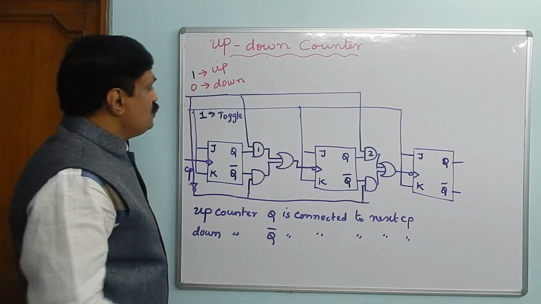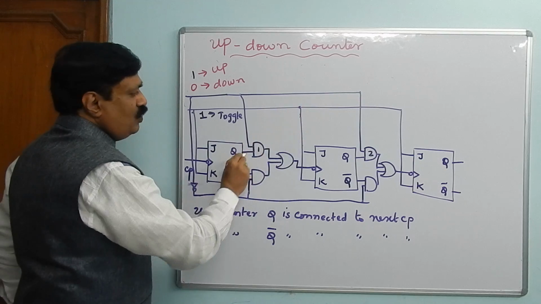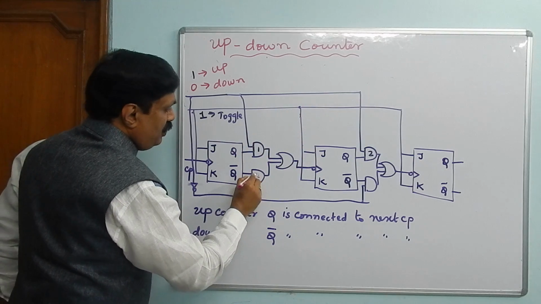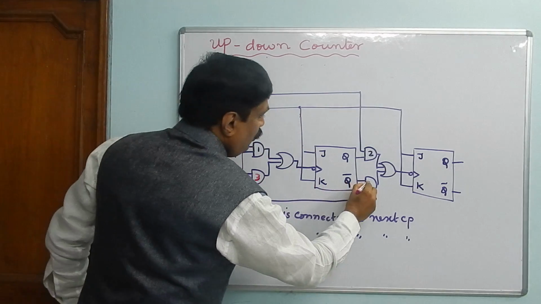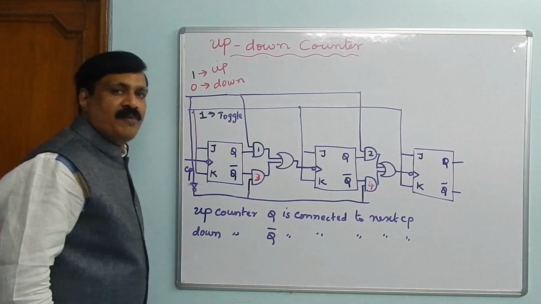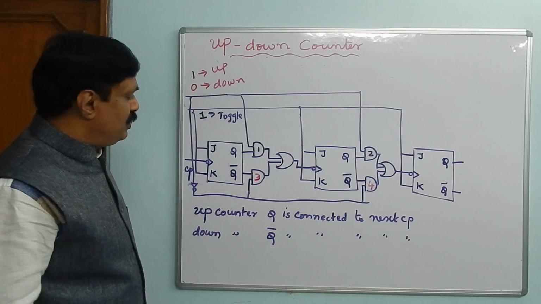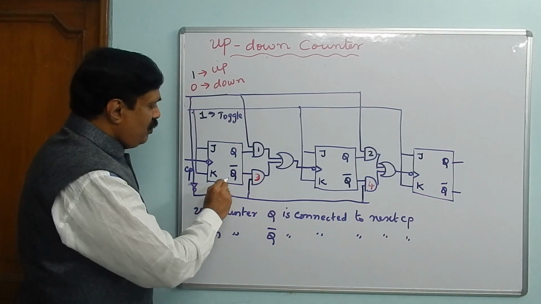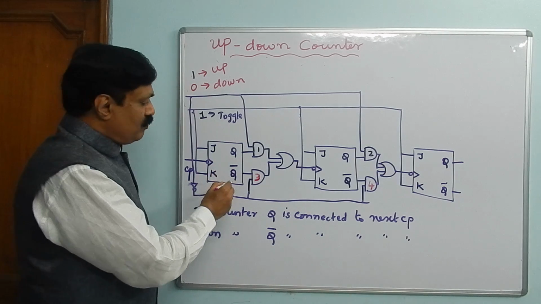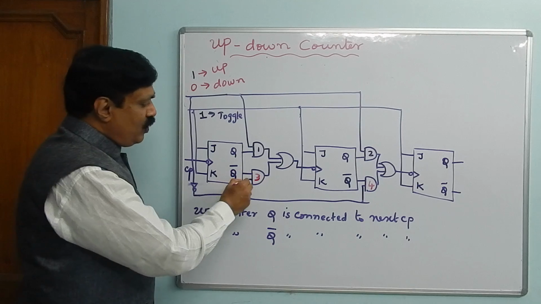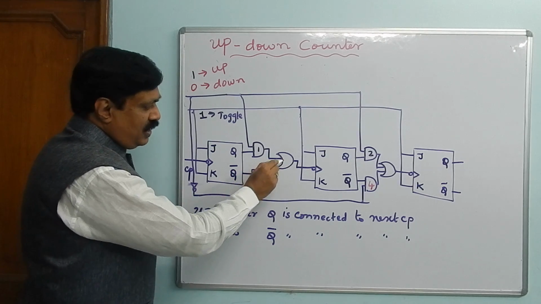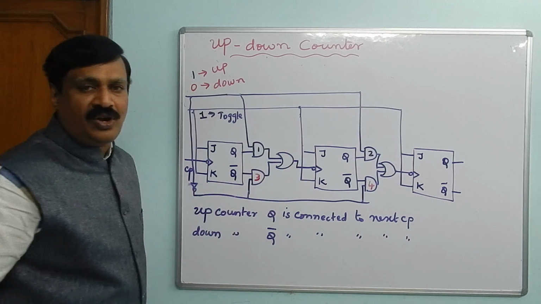So 0 means AND gates 1 and 2 will not work, and 3 and 4 will be enabled. That means the Q bar output will go to this AND gate and this OR gate and to the next clock pulse.